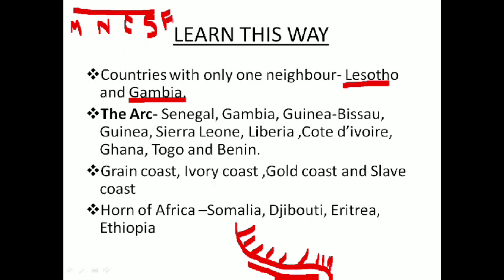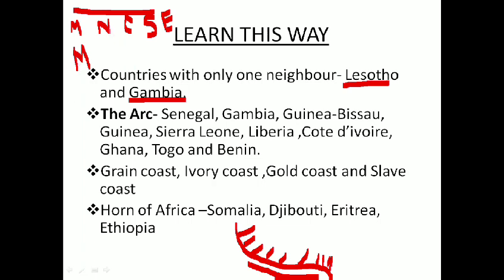Now you will understand what I am discussing. M for Mauritania, N for Niger, C for Chad, S for Sudan, and E for Eritrea. And interestingly, just toward the south of Mauritania is a country starting with the same letter, and that is Mali, M-A-L-I. So M and M.